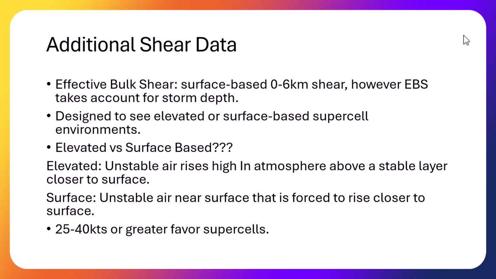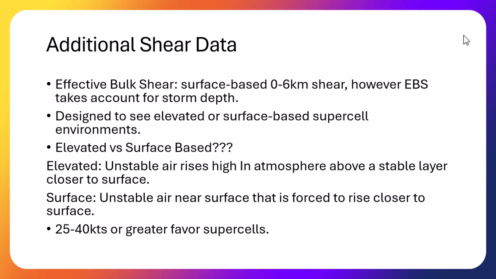Additionally, something else some people use is the effective bulk shear. It takes the surface-based 0 to 6 kilometer shear, however it takes into account storm depth. It's designed to see elevated or surface-based supercell environments. Elevated environments are where unstable air rises high in the atmosphere, above stable air closer to the surface.